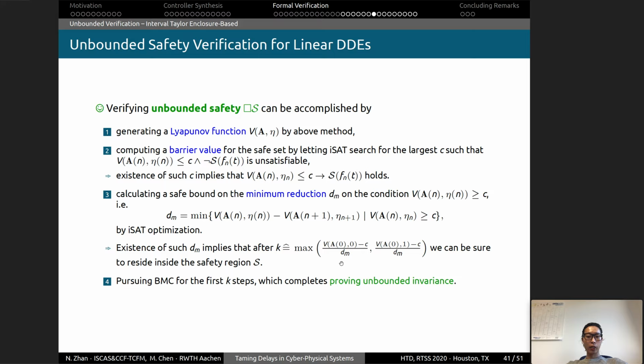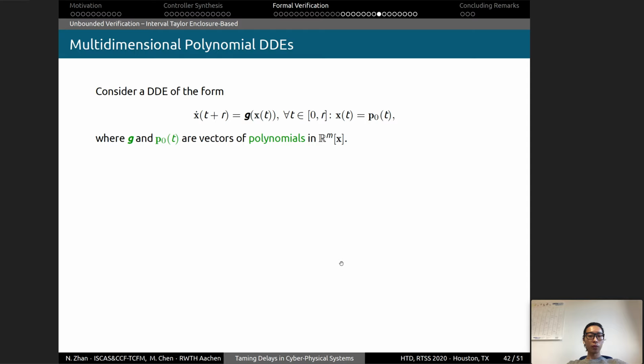Now, what remains to be done is to pursue bounded model checking for the first k steps, right? And this actually guarantees unbounded invariance. Good. The same technique also applies to multi-dimensional polynomial DDEs, where x is now a vector and g is a vector-valued polynomial.